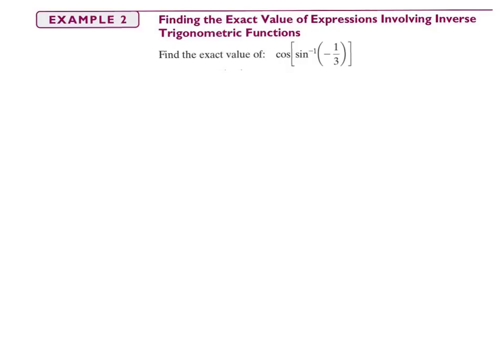Remember, sine inverse is defined on the interval from negative pi over 2 to pi over 2. So we're trying to figure out what angle the sine inverse gives us and then take the cosine of it.